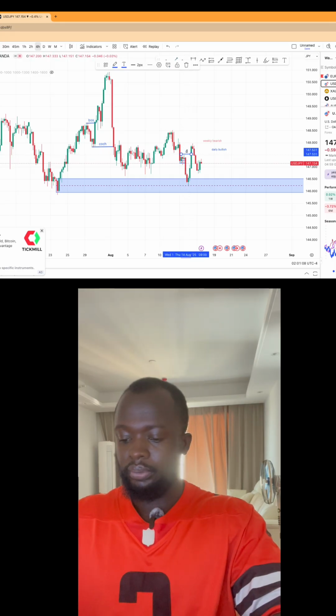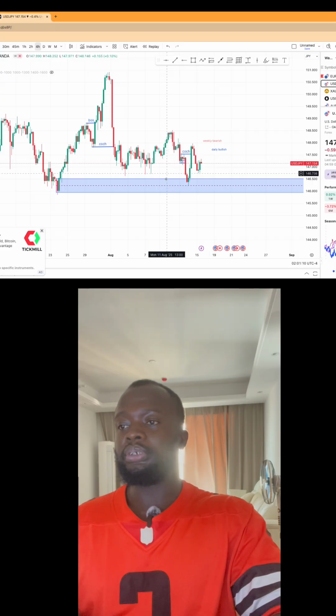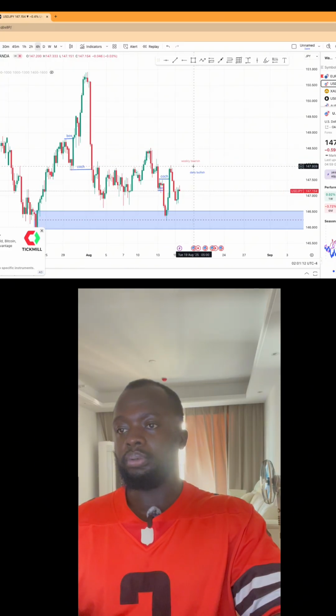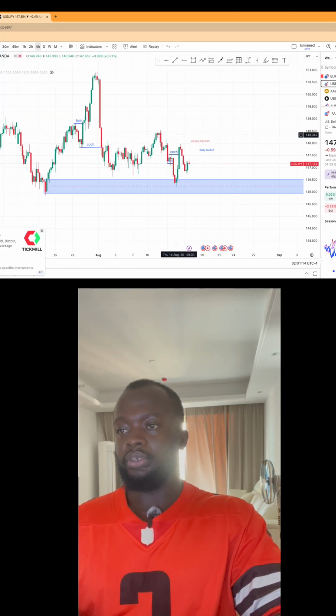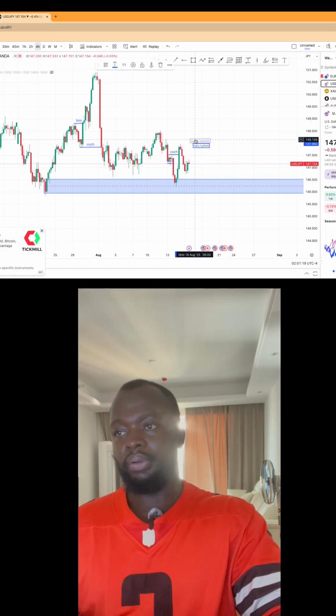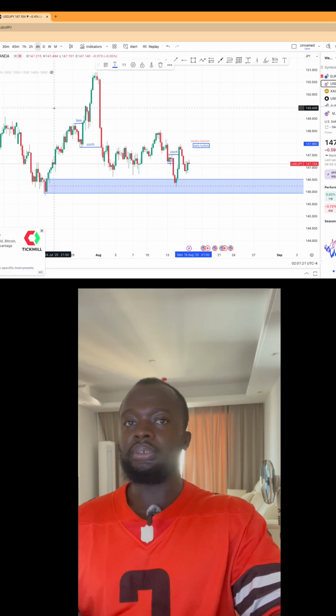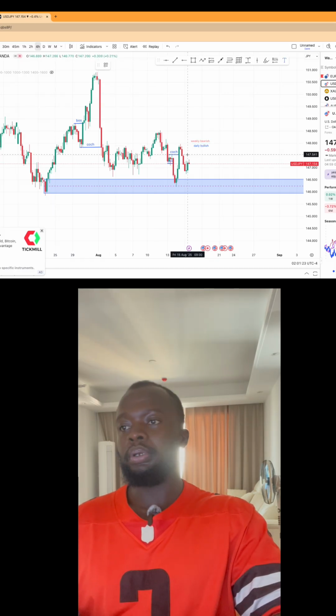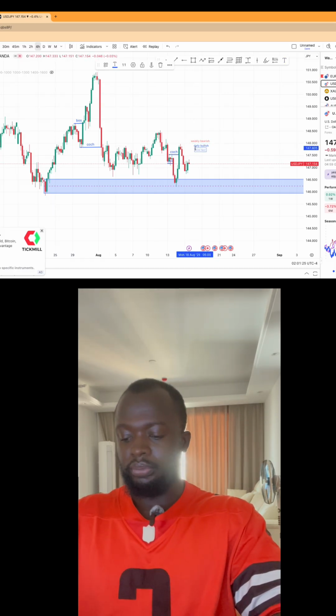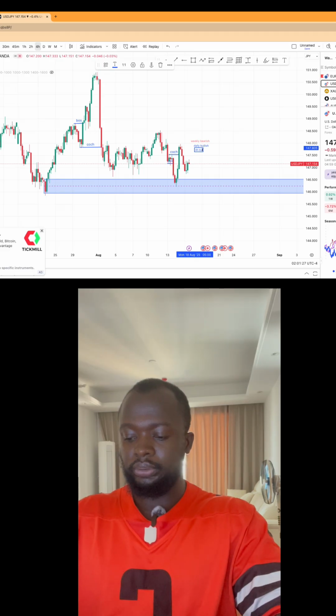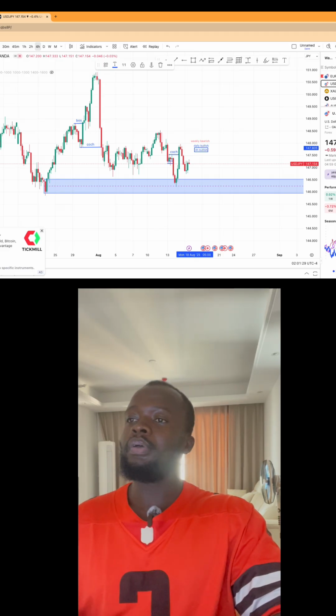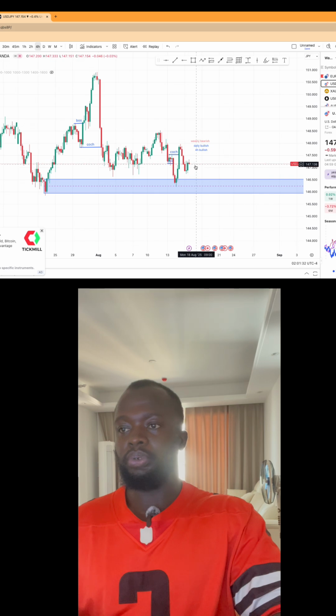So right now we are bullish on the 4 hours as well. So weekly time frame bearish, daily time frame bullish, and the 4 hours is bullish.